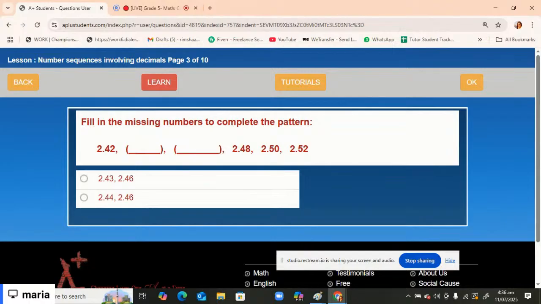Fill in the missing number to complete the pattern. 2.42, look at here. Now 2 are increasing. 2.44, then 2.46, now 2.48, 2.50, 2.52. Now two numbers are increasing.